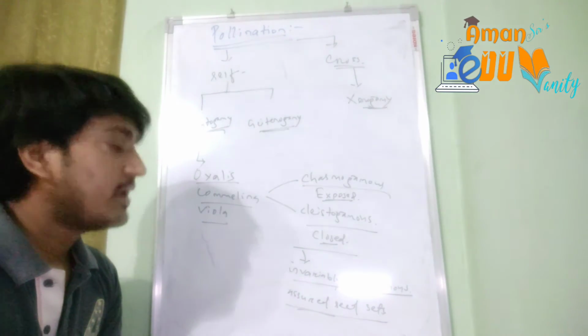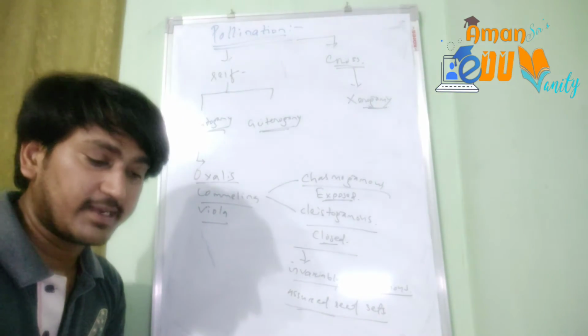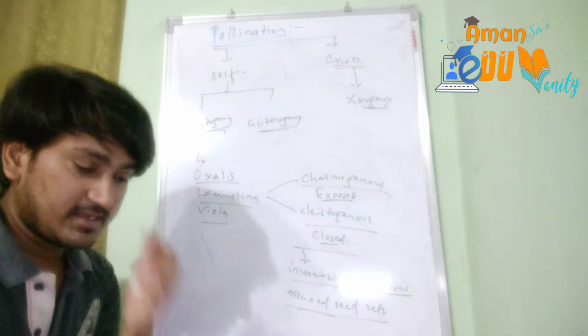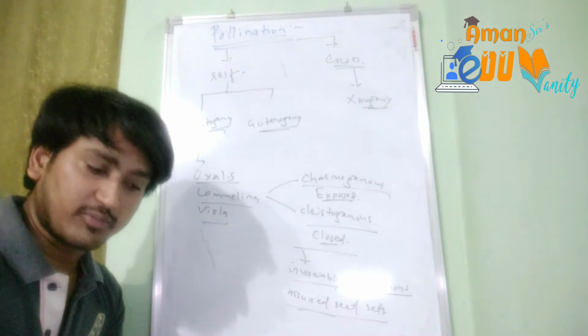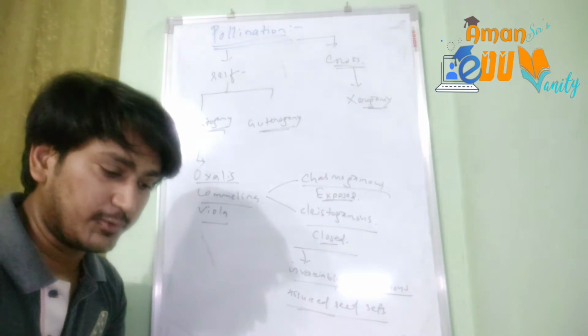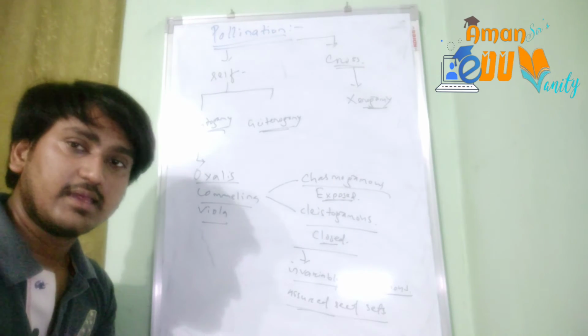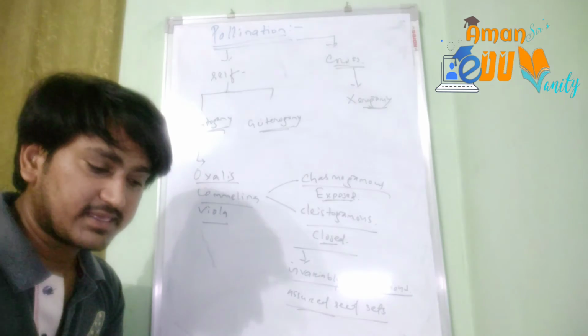Okay. On the other hand, geitonogamy refers to the transfer of pollen grains from the anther to the stigma of another flower of the same plant. Though geitonogamy is technically cross-pollination because another flower is used, there will be no genetic variation. The offspring will be genetically similar because the pollen goes to the same plant, a different flower but on the same plant.